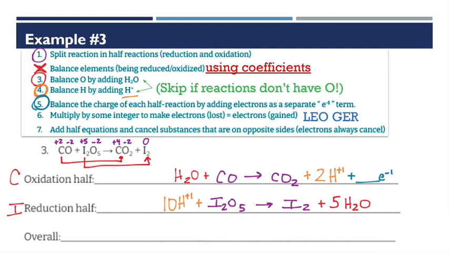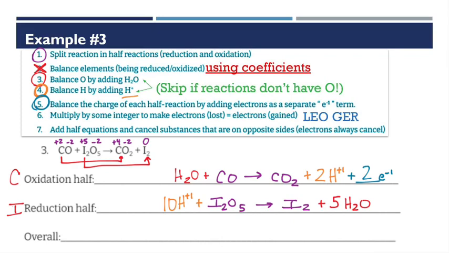But start by remembering which side your electrons are going to go on. It's always the product side of oxidation. And the total charge on this side needs to equal the total charge we already have on the opposite side, which is 0. And currently this product side where we're at only has 2 positive 1 H's, so we only need to put 2 electrons here in order to bring that down to 0.